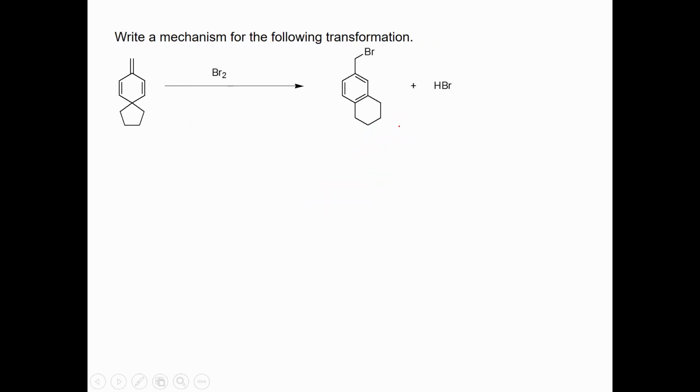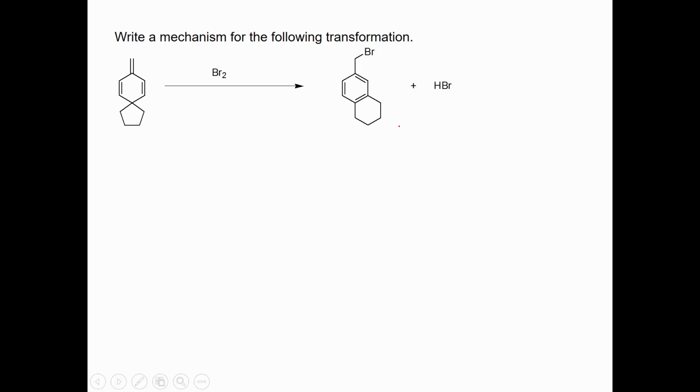Okay, let's look at this reaction here, and this will kind of serve as a segue into the next chapter. Write a mechanism for the following transformation. We're going to treat this compound with bromine, and it is going to produce the bromide there, NHBr, as a byproduct.